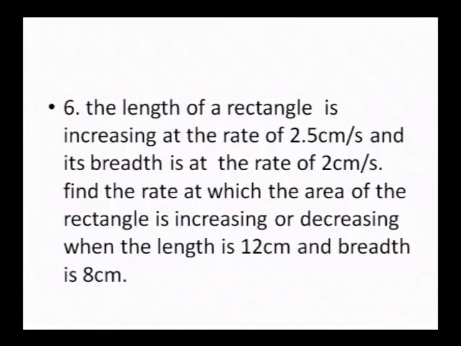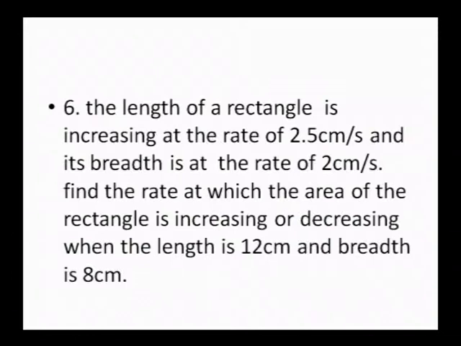The length of a rectangle is increasing at the rate of 2.5 centimeter per second and its breadth is decreasing at the rate of 2 centimeter per second. I told you in the previous problem, decreasing indicates a negative sign.